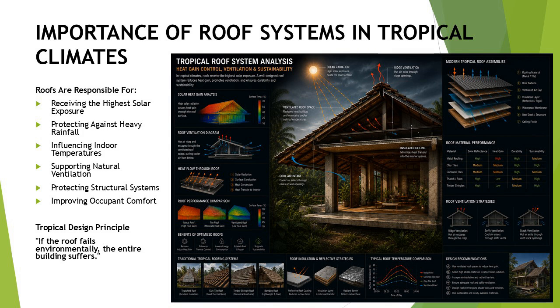First, solar radiation. In tropical climates, the sun is intense and often positioned at relatively high angles throughout the year. This means roofs receive direct solar exposure for extended periods. Unlike walls, which may be shaded part of the day, roofs often remain exposed continuously.